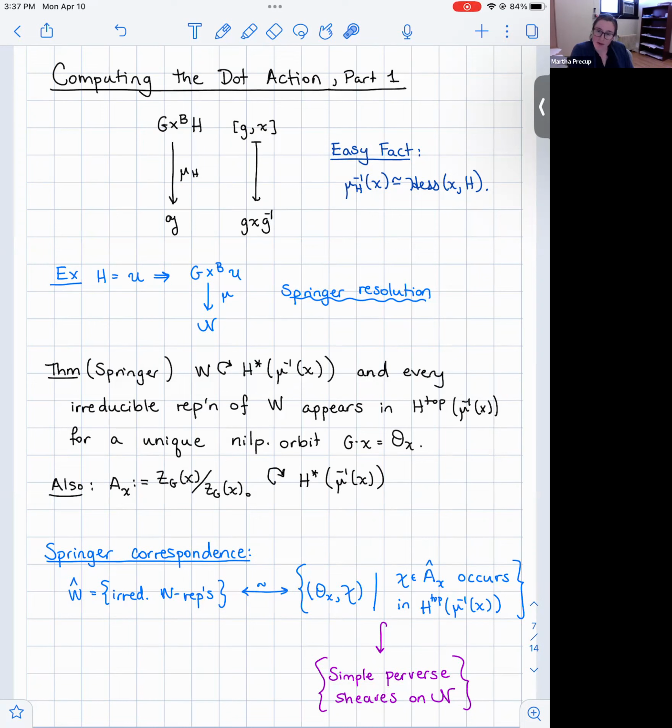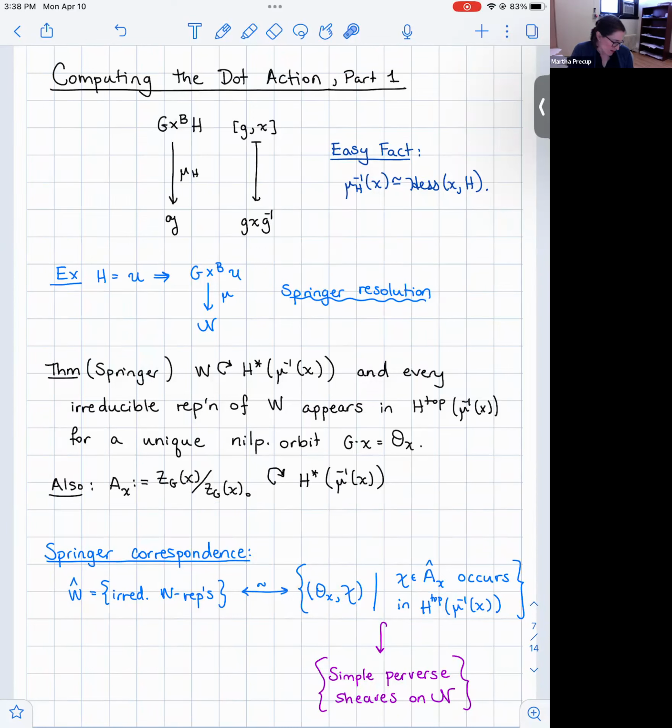Every irreducible representation of a Weyl group appears in the top dimensional piece of the cohomology corresponding to a unique nilpotent orbit. There's also an action of the component group here, which we have to take into account when working outside type A, because it can be non-trivial.